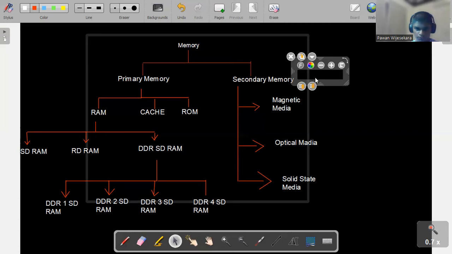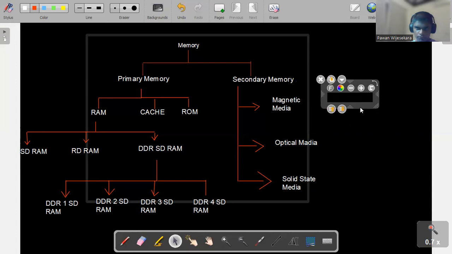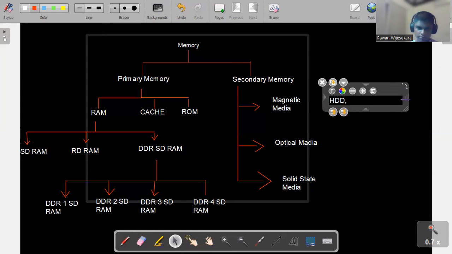What are the examples for magnetic media? Hard disk. Hard disk, huh? Then? Magnetic disk, huh? Then what else? Floppy disk. What else?